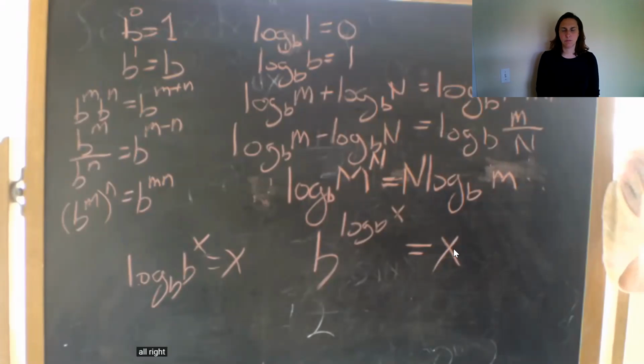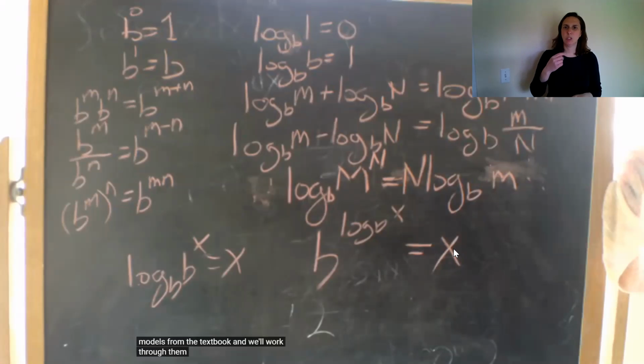All right. I'm going to take some different models from the textbook and we'll work through them. Let me get over to my blackboard here. But again, these are always a good place to start your thinking from when dealing with logarithms or exponents.